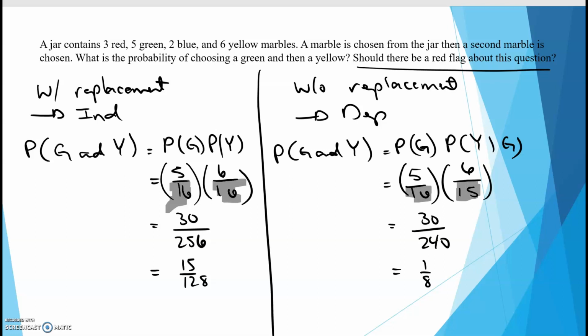Also notice that the first event is exactly the same, because in independent, well, there's nothing to affect it. In dependent, the first event isn't affected by anything. It's only the second event that's affected by the first event.